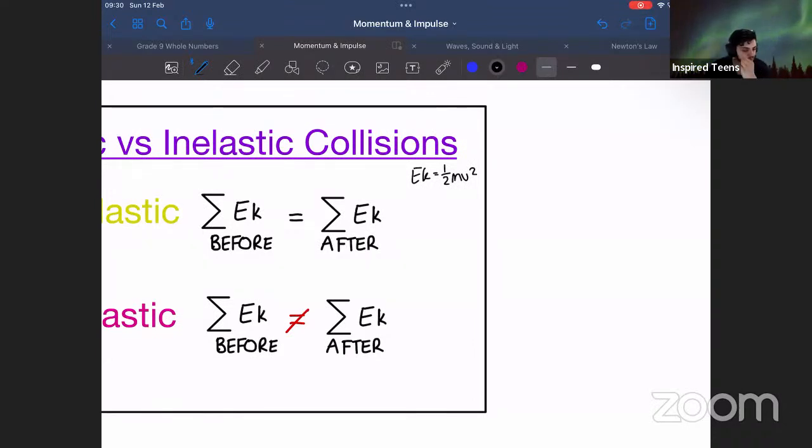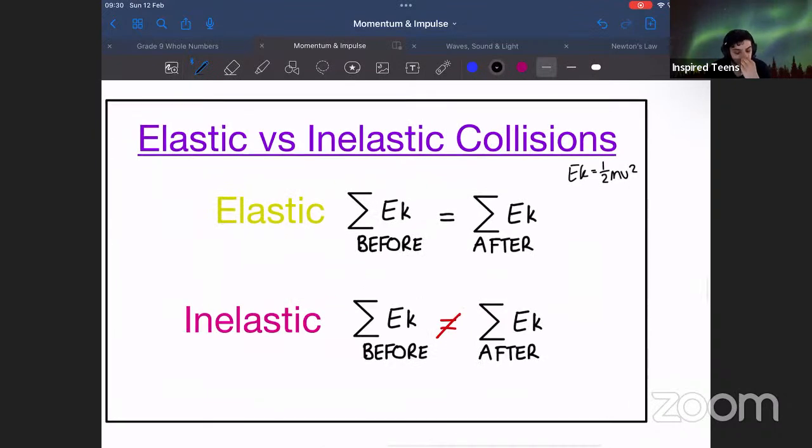In most momentum questions, we have those, especially if we need to calculate whether it's elastic or inelastic. However, with inelastic, the sum of the kinetic energy before is not equal to the sum of the kinetic energy afterwards. Why? Because some of that energy is lost during contact. I'll add that in the notes.